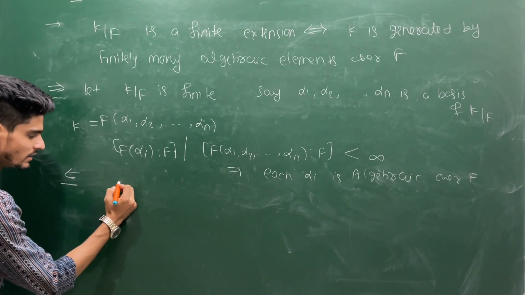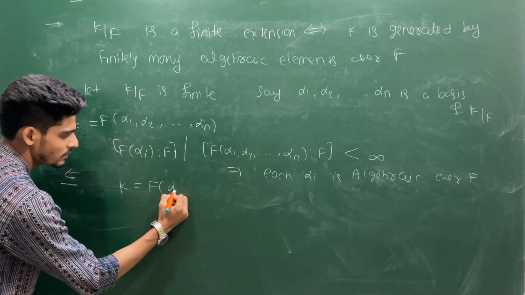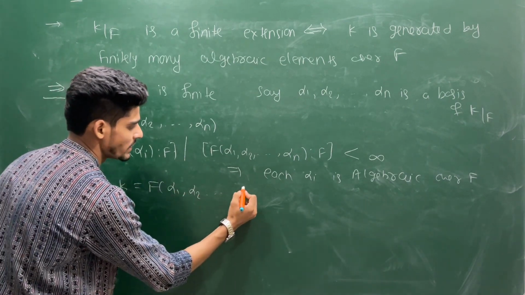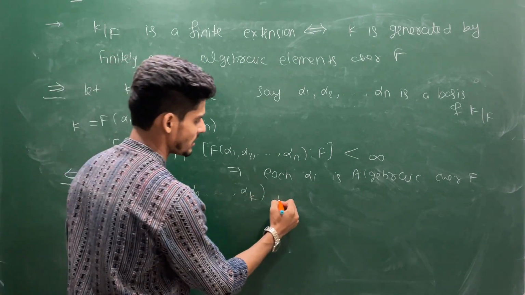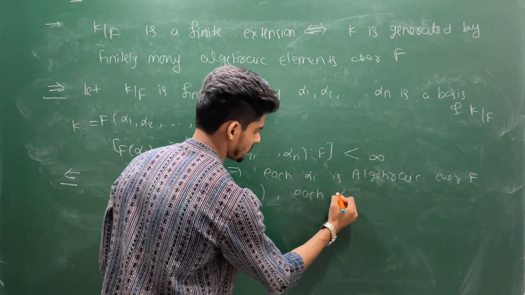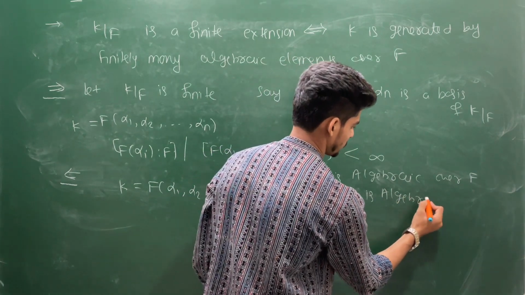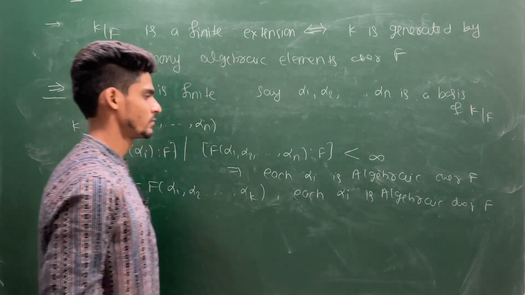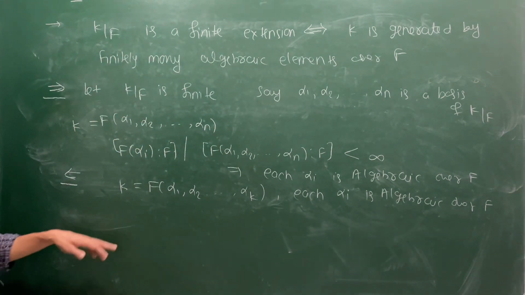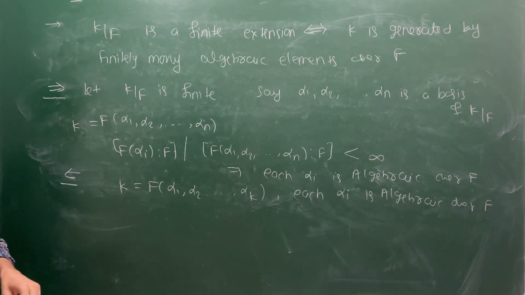If K is generated by, say, alpha 1, alpha 2, ..., alpha k, and each alpha is algebraic over F, then you need to prove that K is a finite extension over F.